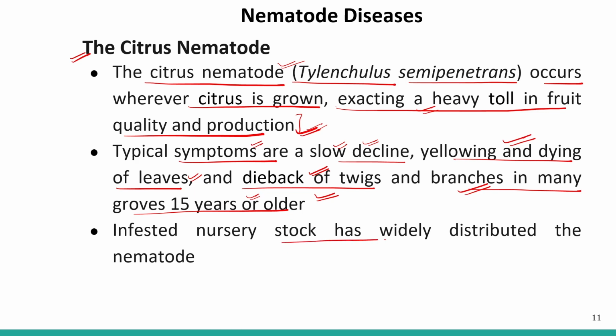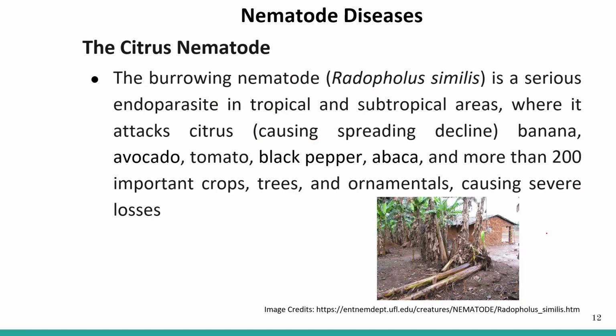Infested nursery stock has widely distributed the nematode. The burrowing nematode, Radopholus similis, is a serious endoparasite in tropical and subtropical areas where it attacks citrus and causes spreading decline.